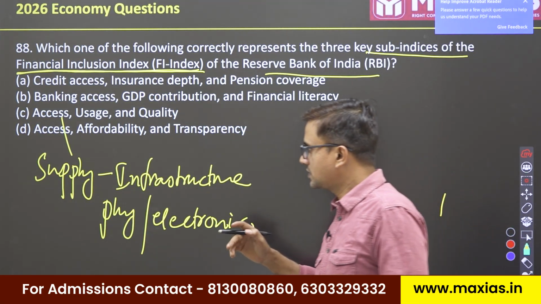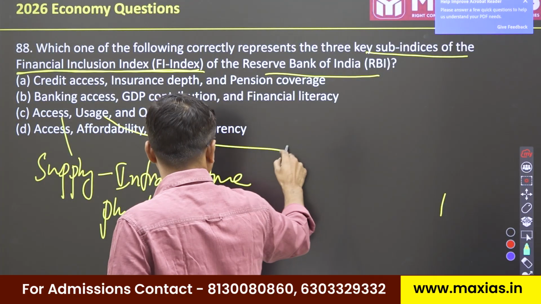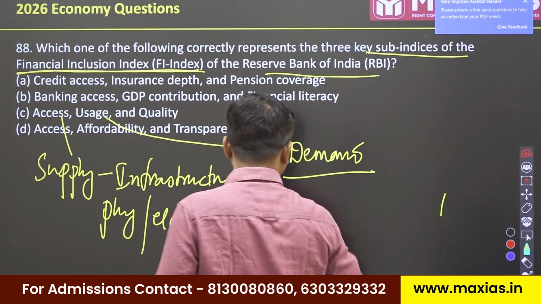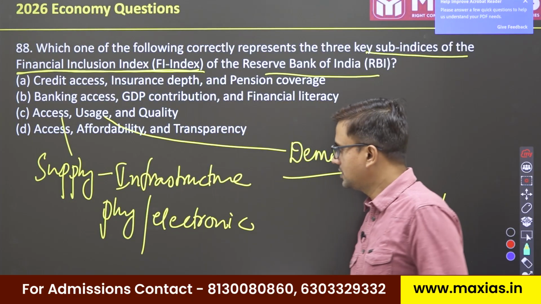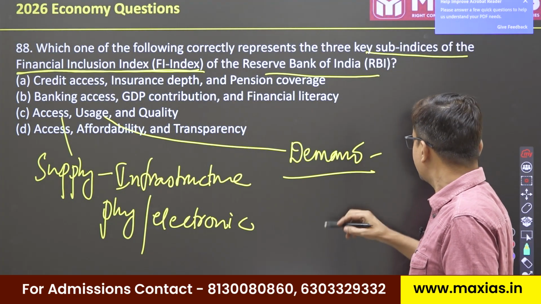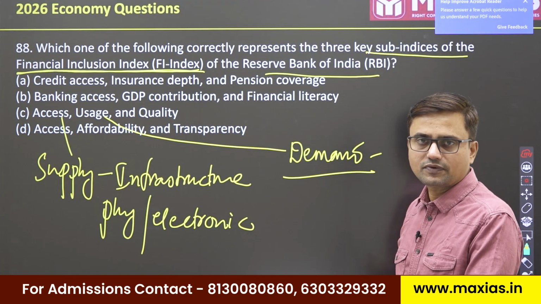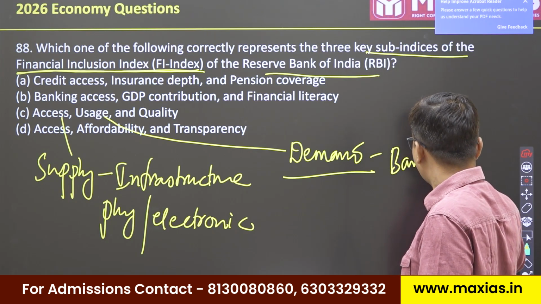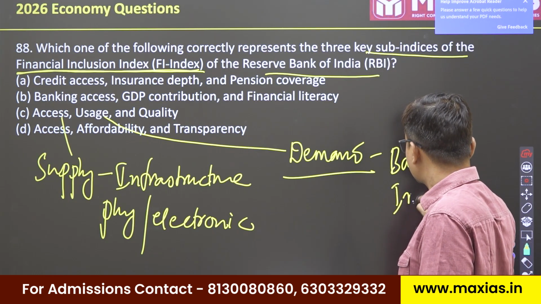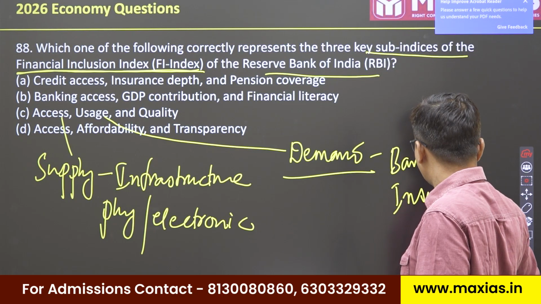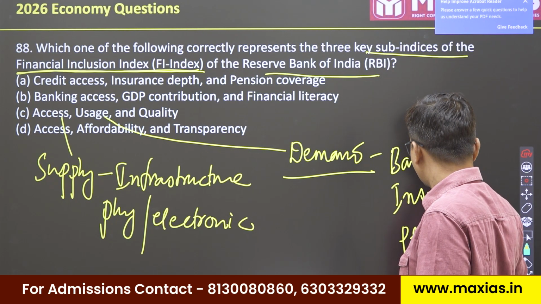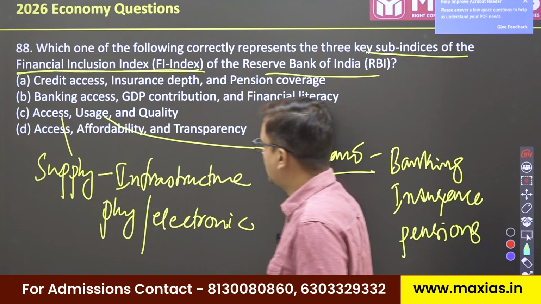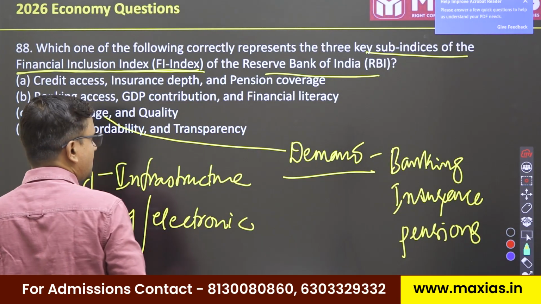Usage of financial services represents the demand side. So usage of financial services, what type of financial services we use, like banking, insurance, pensions, etc. ठीक है.